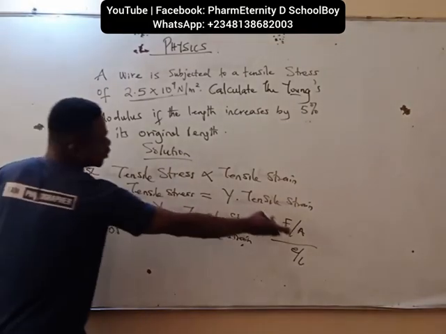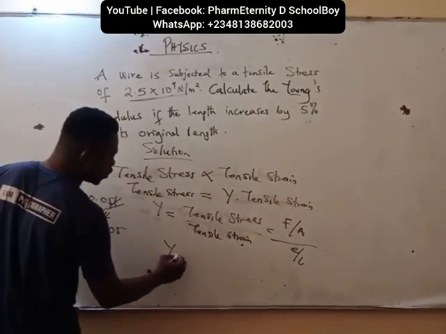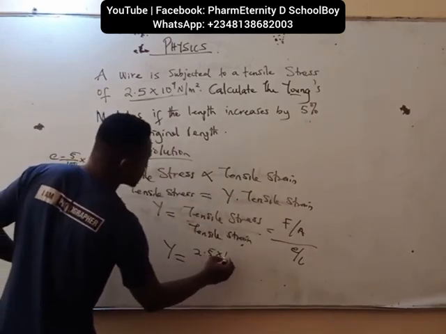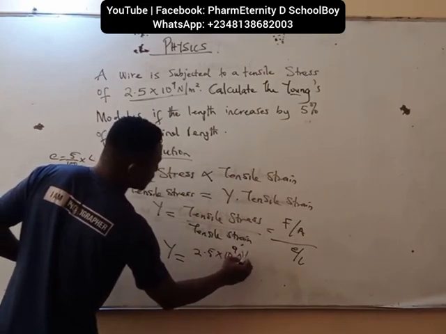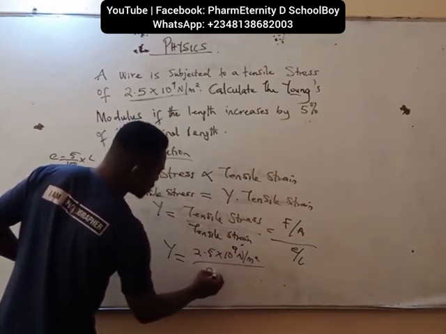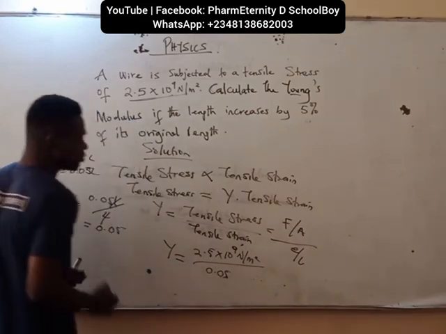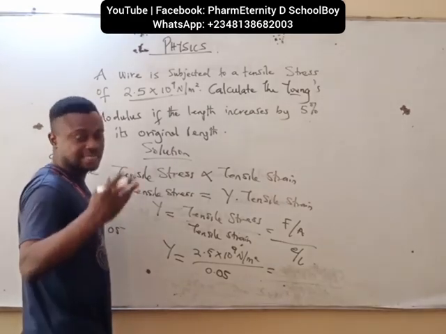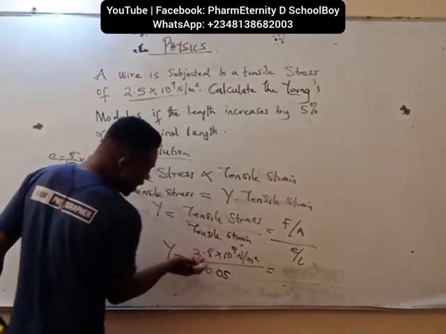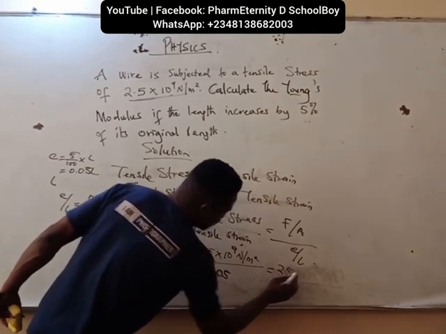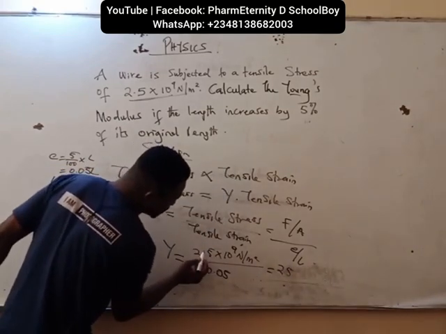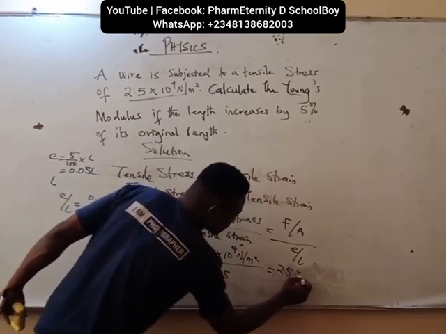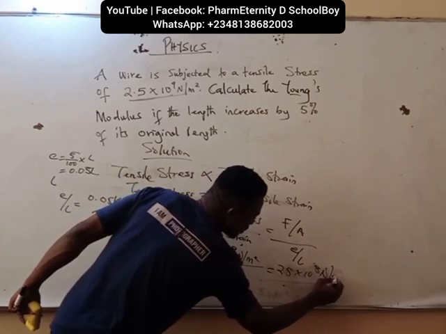So we now substitute everything here. We now have that our Young's modulus is equal to 2.5 times 10 to the power 9 Newton per meter squared all over 0.05. Applying the law of indices, scientific notation or standard form as the case may be, this is the same as saying 25 times 10 to the power 8 Newton per meter squared, as the decimal moves, the power reduces from 9 to 8.